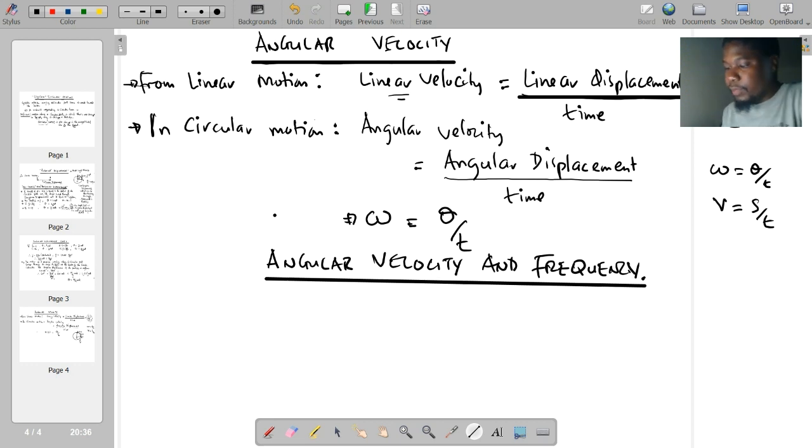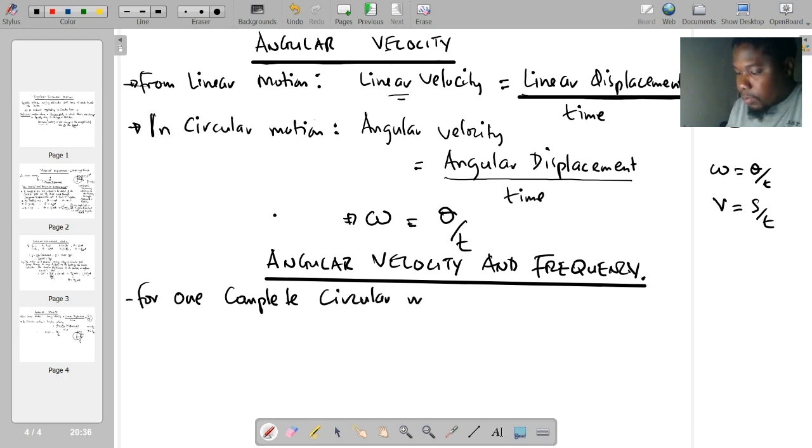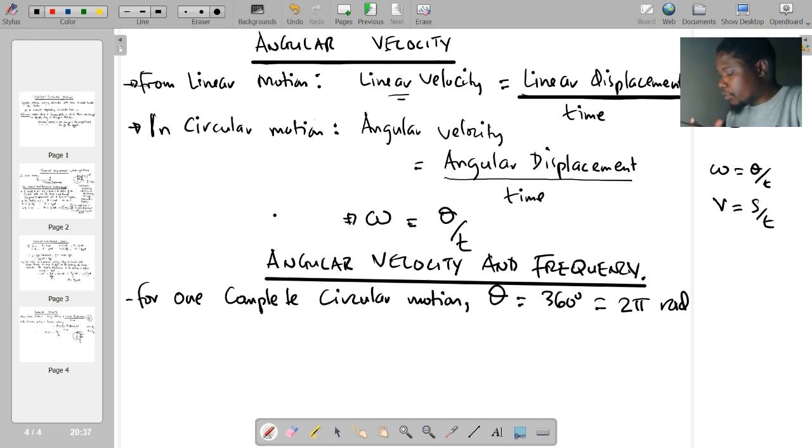The thing I want us to understand is that for one complete circular motion, the angular displacement is literally 360 degrees, but in the actual units it is 2 pi radians. That means we have made one complete circular motion, and we have covered 2 pi radians.